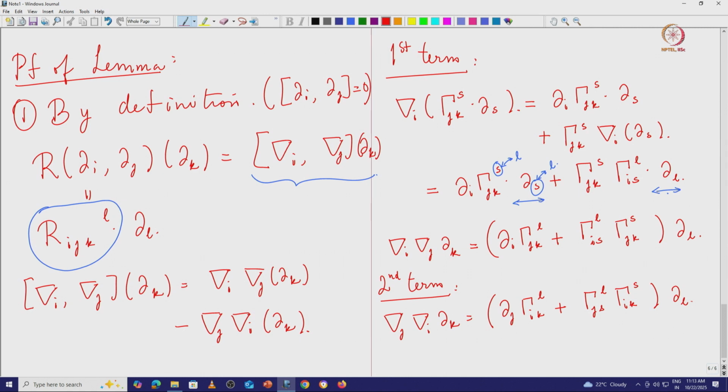Okay, and now if you subtract these two, you get exactly what I was claiming in the lemma, right? So just subtract the two. Okay. All right. So that proves the first part.